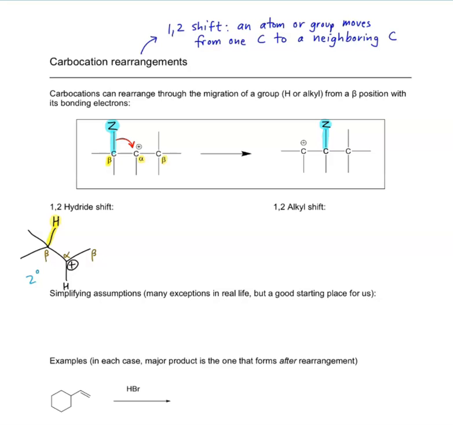So we start the arrow at the pair of electrons and we point to the alpha carbon. When it moves away from that beta carbon, that leaves that carbon with a positive charge. Now we have a tertiary cation. When it's a hydrogen with a pair of bonding electrons that moves over, we call that a 1,2 hydride shift, 1,2 because it's moving from one carbon to a neighboring carbon.